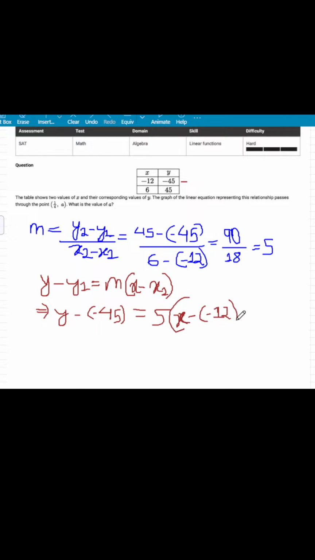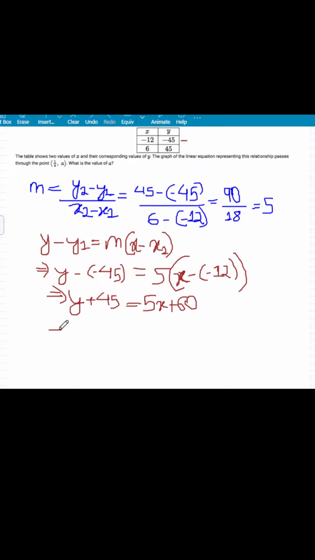So now this becomes y minus 45 is equal to 5 multiplied by x plus 12, so 5x plus 60.